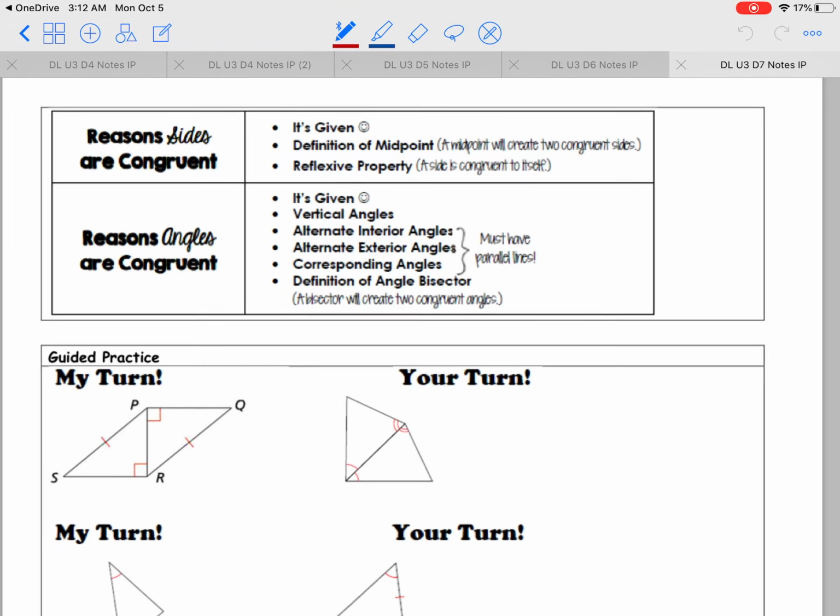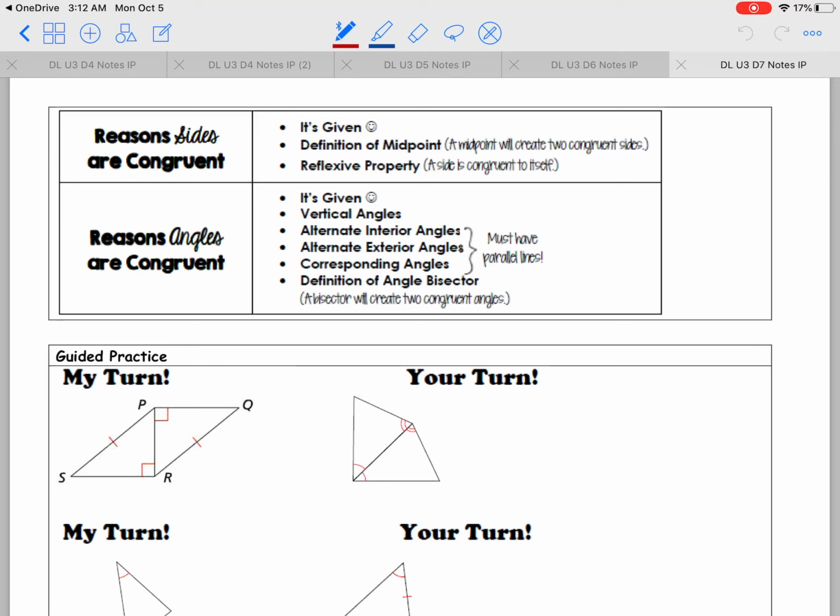Right, let's go ahead and do some practice problems. But before we do that, I just want to remind you of ways that you can find an extra pair of angles and sides. So remember, we have the reflexive property, the definition of a midpoint, and when it's given, when the tick marks are marked.